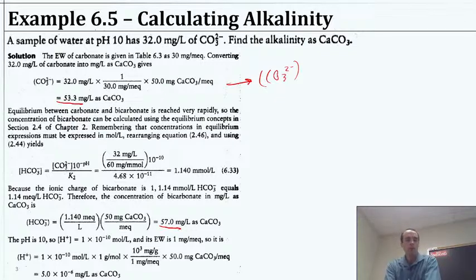The equivalent weight for OH minus: oxygen is 16, hydrogen is 1, so that's 17 total, divided by 1 should be 17. They do hydrogen first, and they get 5 times 10 to the minus 6 milligrams per liter as CaCO3, because we have to multiply by that 50.